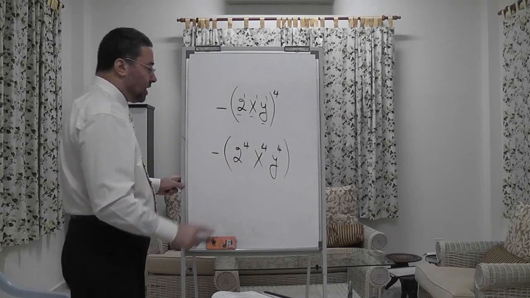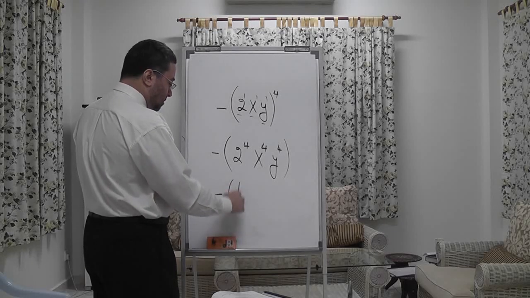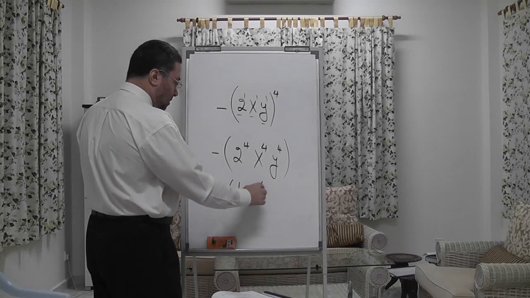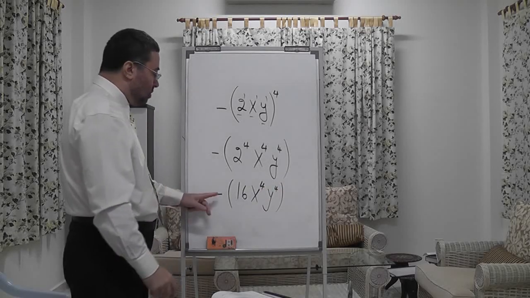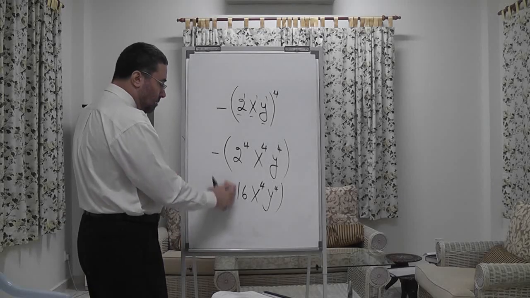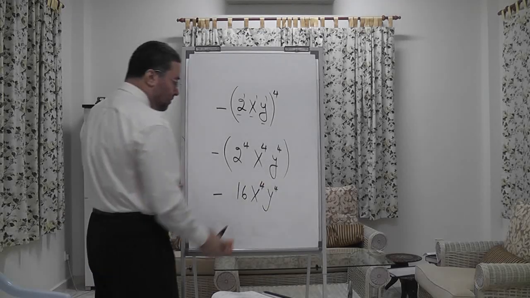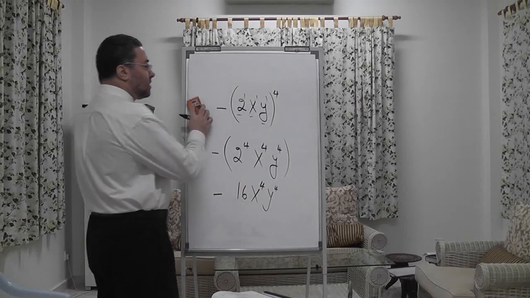Two raised to 4, that's 4 times 4, that's 16. Now we multiply the minus with this number, and that will be minus 16, x to the 4th, y to the 4th, and that's the answer.